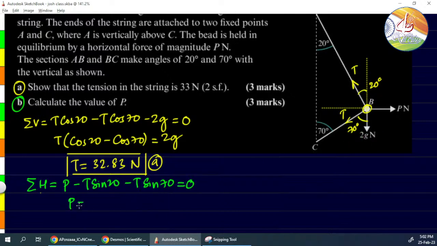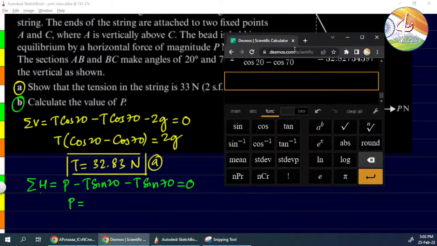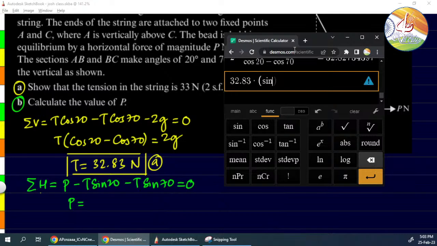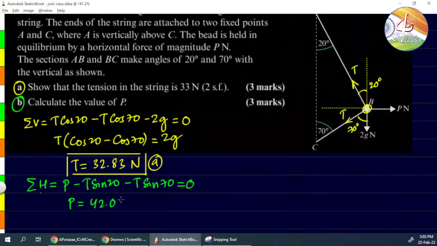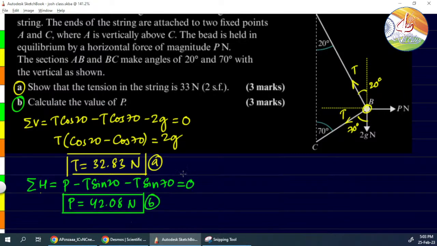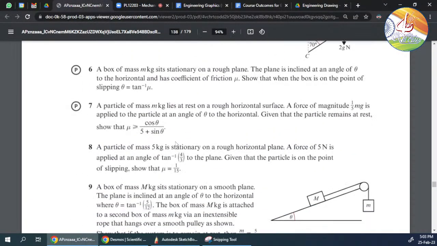Send both the T's to the other side, both will become positive. So 32.83 can be taken common into (sine 20 plus sine 70), correct? That is 42.08 newtons. So this gave us the value of P. Any doubts here? No. All right, so let's go with the next problem.